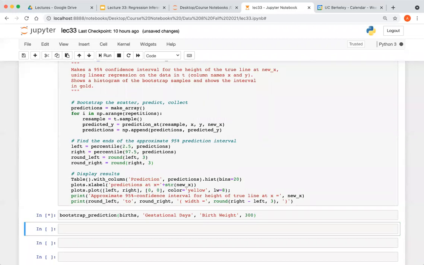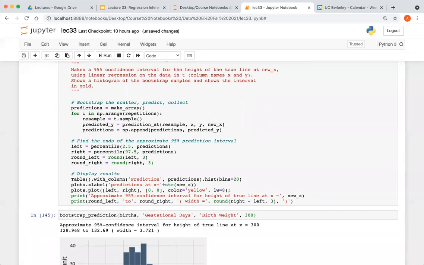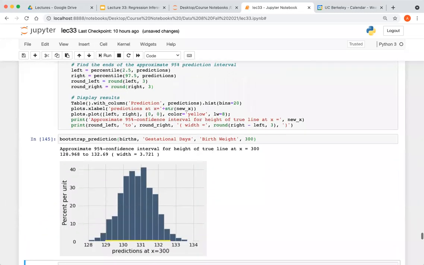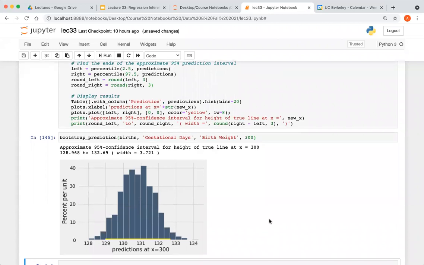While it's chugging, questions? Okay. So this is a 95% confidence interval for the height of the true line. As somebody says here, it's Thomas again, 95% of the times we run this, our confidence interval will include the height of the true line.